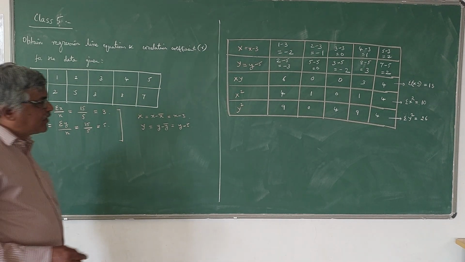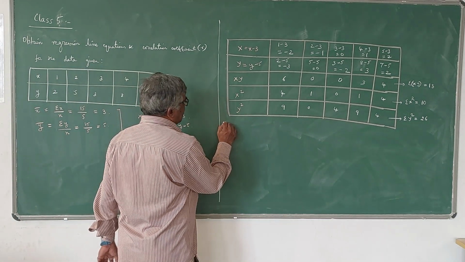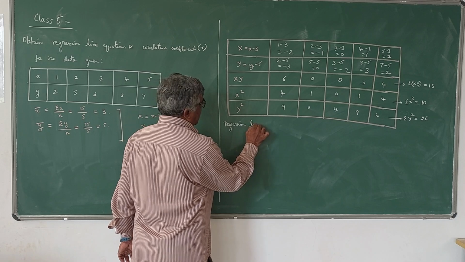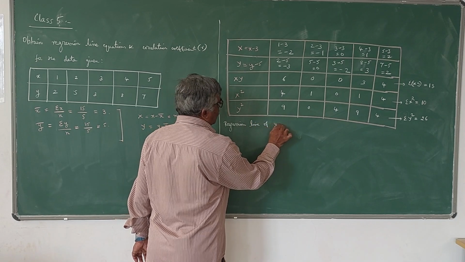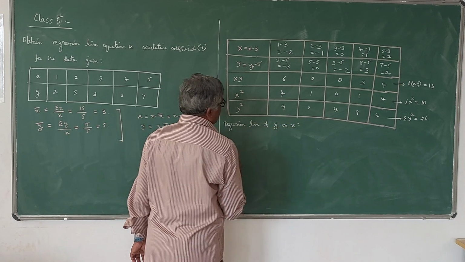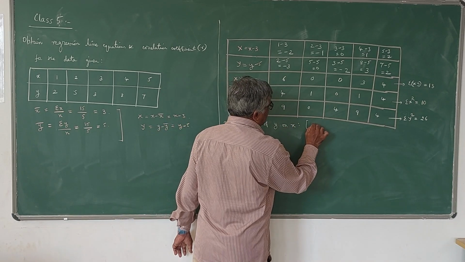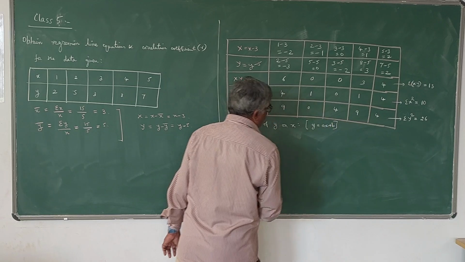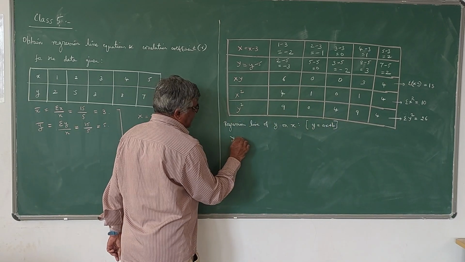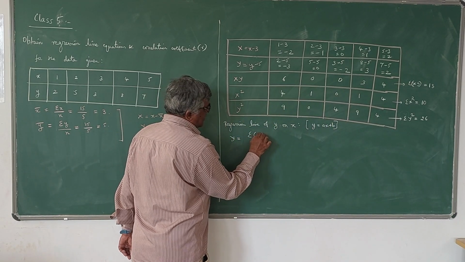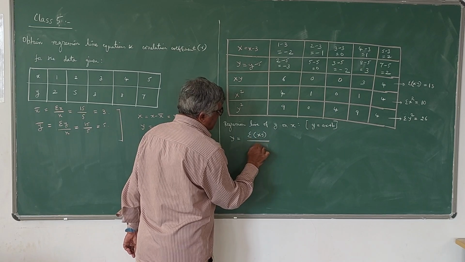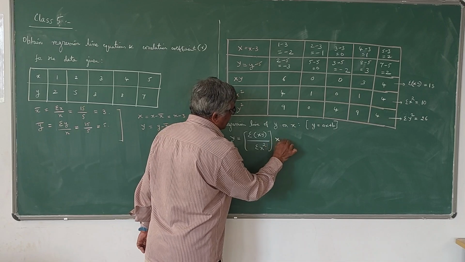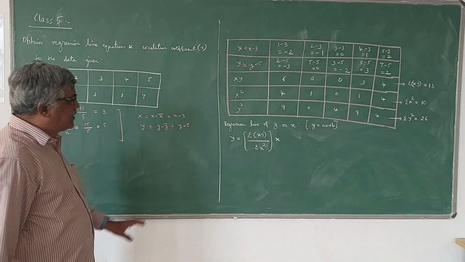So I can use the regression line of y on x, in the form y is equal to ax plus b. Capital Y is equal to sigma xy divided by sigma x square into capital X. So this is the regression line.